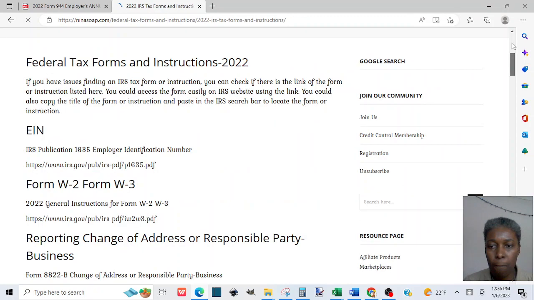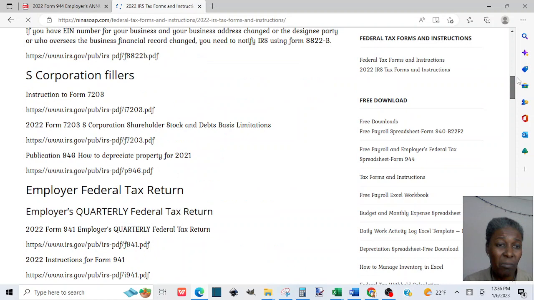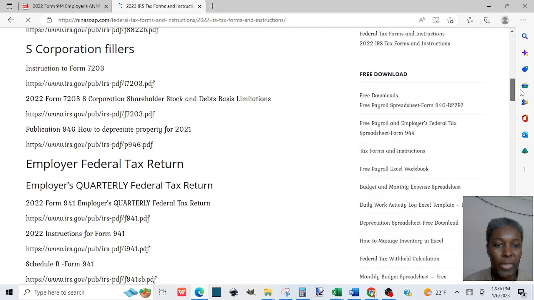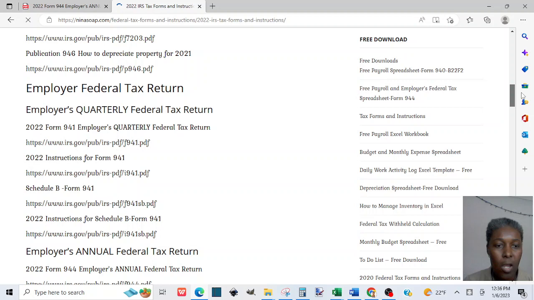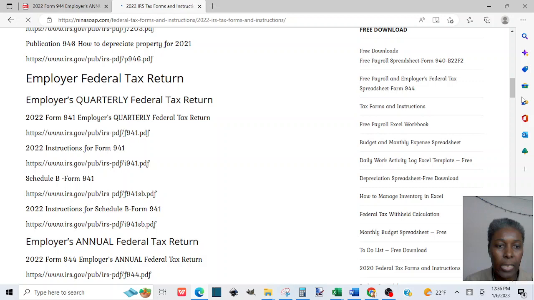And when you click on it, you can look through to see if there is a form that you are looking for, because when you don't know the title, you type in IRS on the IRS website or search bar, you may not find the form you are looking for.